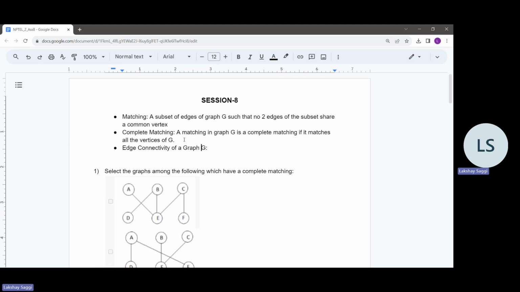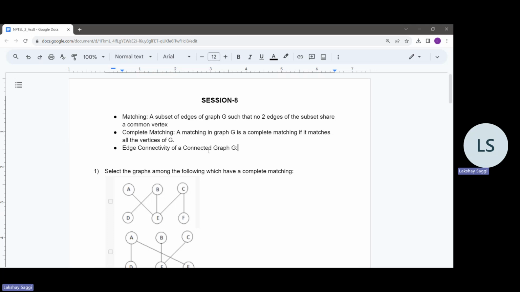Let's say it's a connected graph, because these connectivity arguments are defined for connected graphs only. And what's a connected graph? A graph in which there's a path between every pair of vertices. That's a connected graph. So this definition you must know.